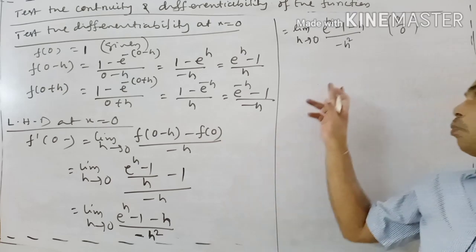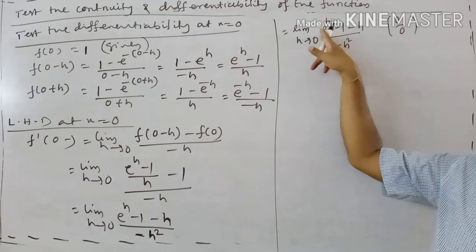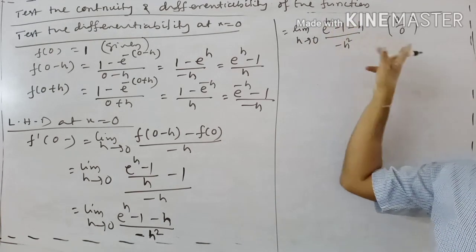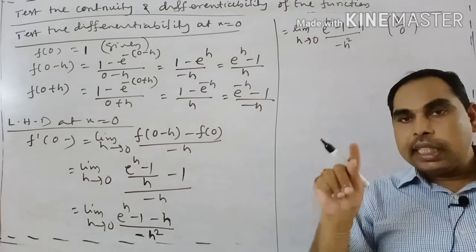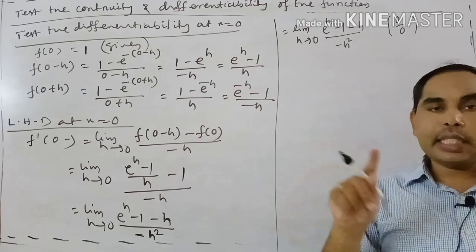Also there is no formula for e to power h minus 1 minus h by h square. But there is a formula: limit h tends to 0 e to power h minus 1 by h is equal to 1.